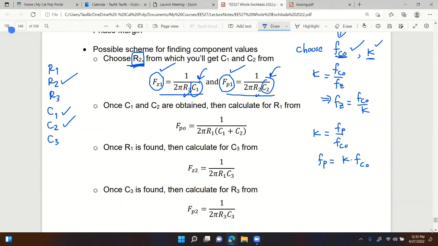Once C1 and C2 are obtained, then calculate R1 from the following equation. You already know what FP is, and you get R1 from this equation. C1 and C2 are already known, FP is known, so R1 can now be calculated.